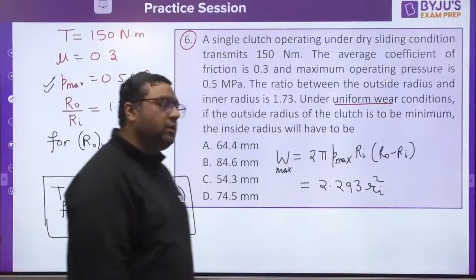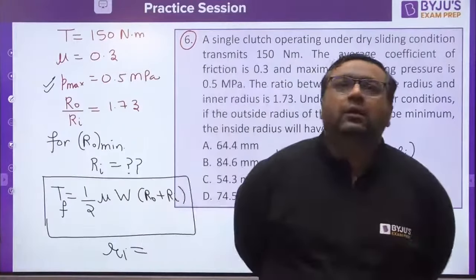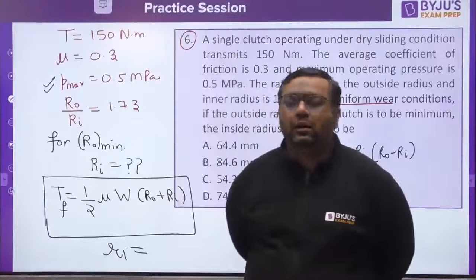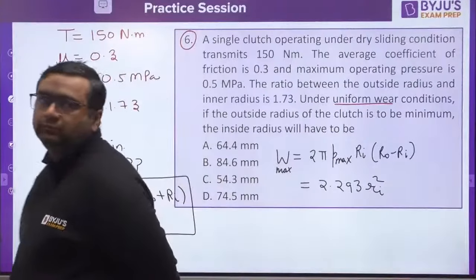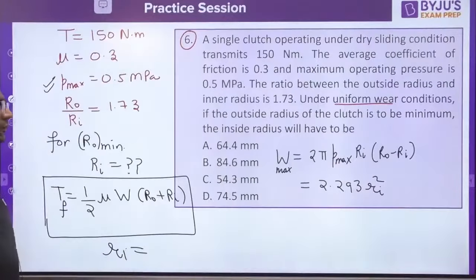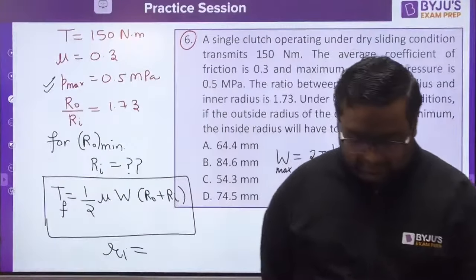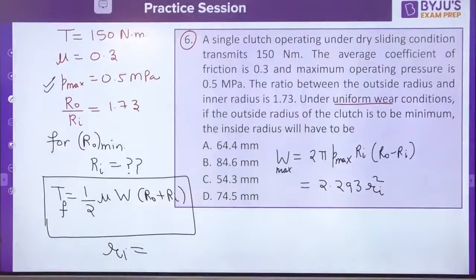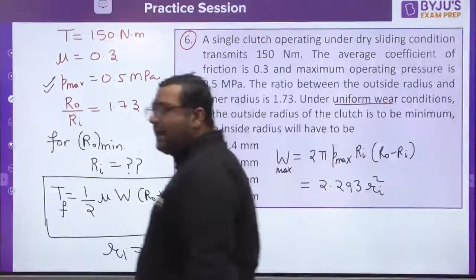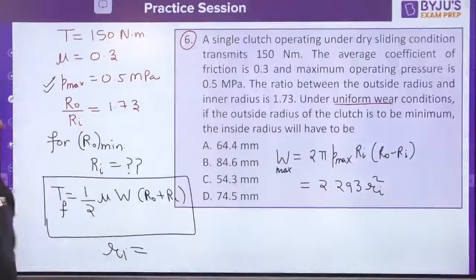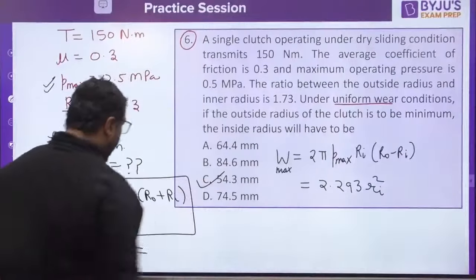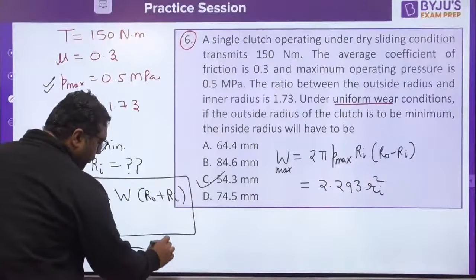Solve it, guys. So I would like to say the answer calculated by Rohan is correct. 54.3 is correct. Actually, you would be getting 54.25.